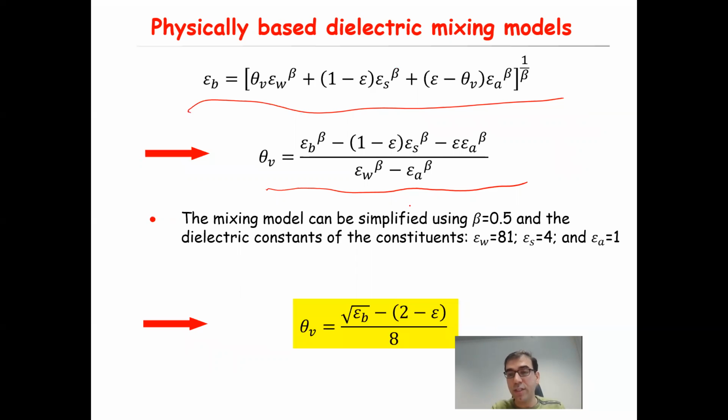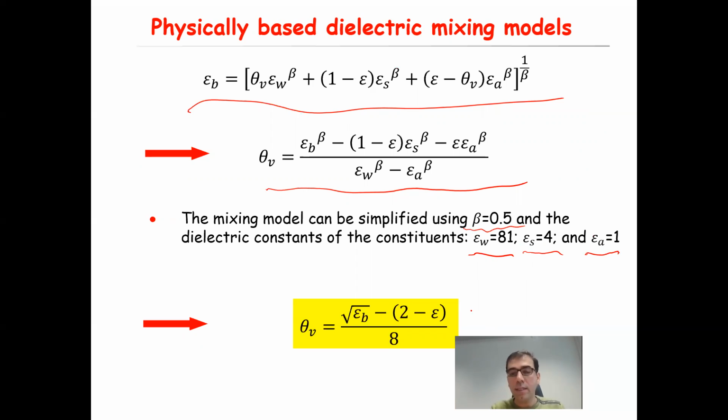for our application, where we're measuring water in soil, it's not that bad if we assume beta is equal to 0.5. So we assume a constant value for beta of 0.5, and the dielectric constant of water, we know, is 81. The solid phase for soil, we assume it's 4, and the dielectric constant of air is 1.